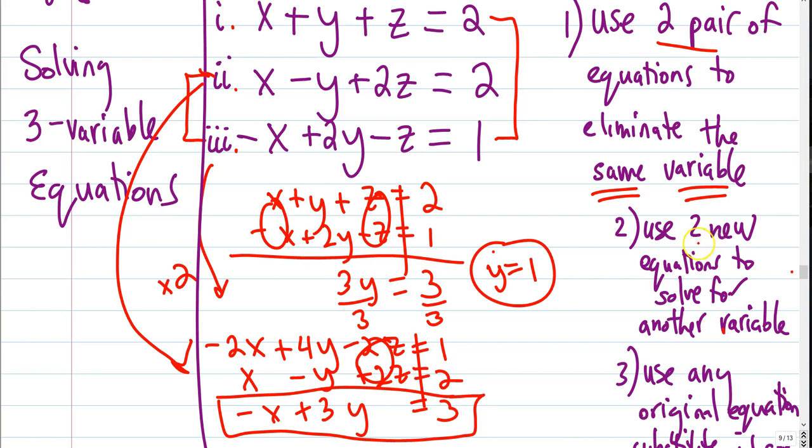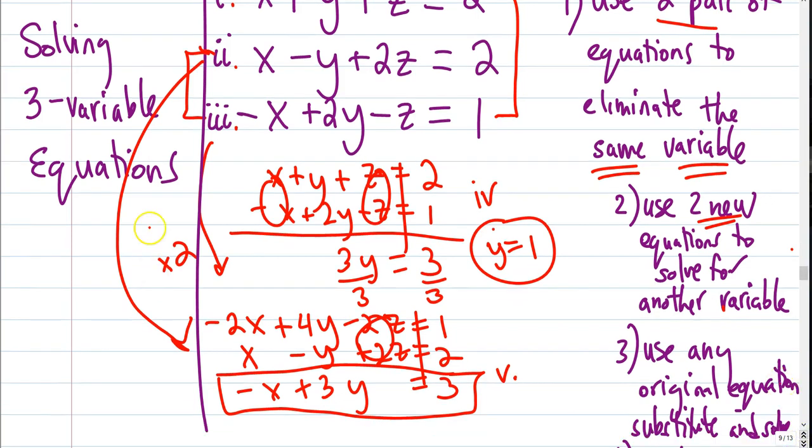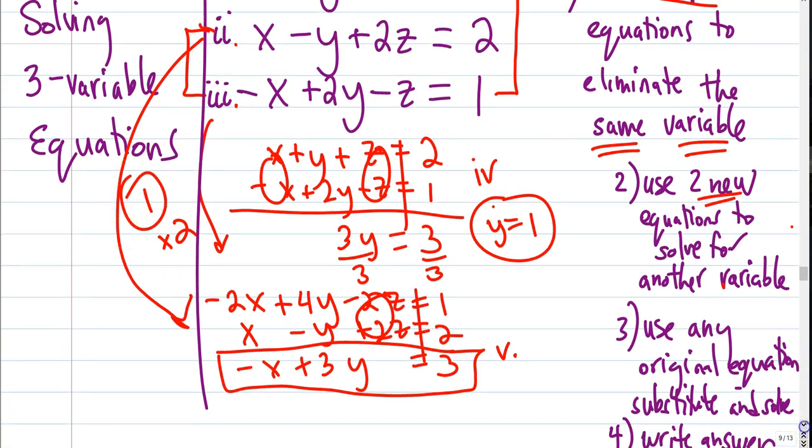Well, I use these two new equations, equation 4 and equation 5, and I'm going to use them to solve for another variable. Well, the good news is we already know what y is. So this is all step 1. That's the hardest part. The second part's easy.